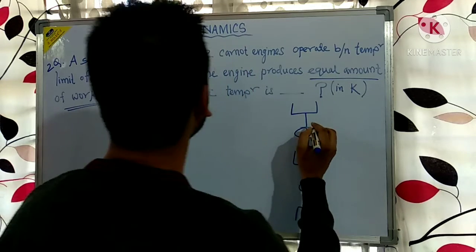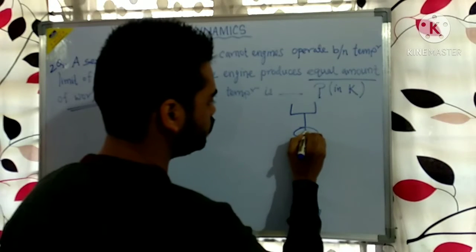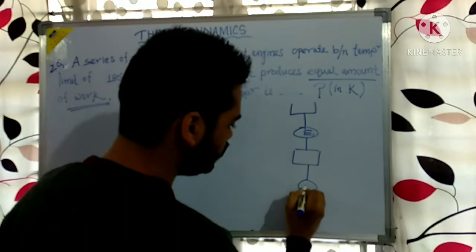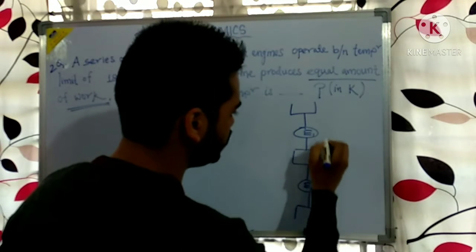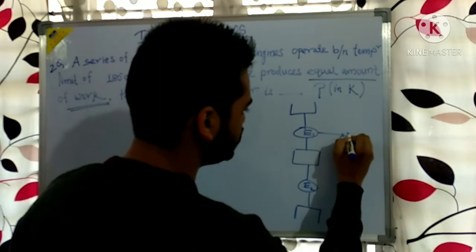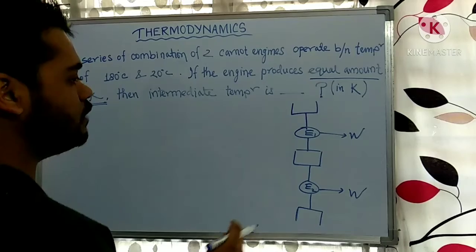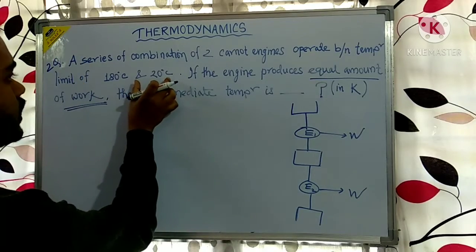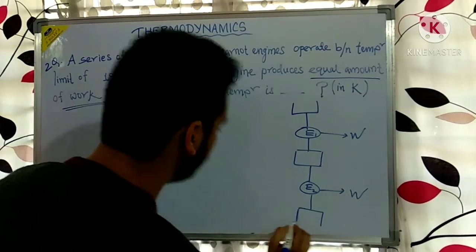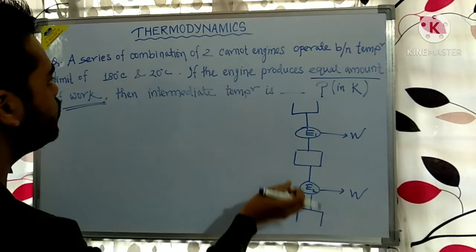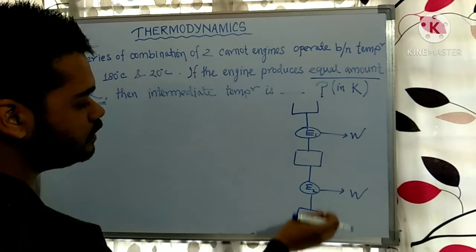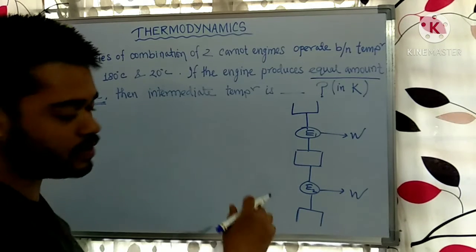So this is one engine, suppose E1, and this is the next engine E2, and this is producing work, this is also producing work, and the temperature limits are 180 degrees centigrade and 20 degrees centigrade. Obviously an engine will produce work when heat flows from high temperature to low temperature.